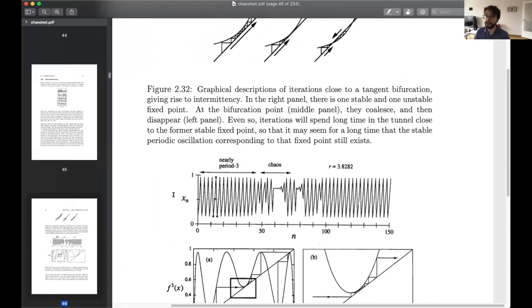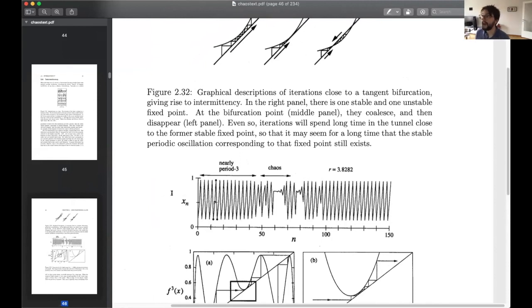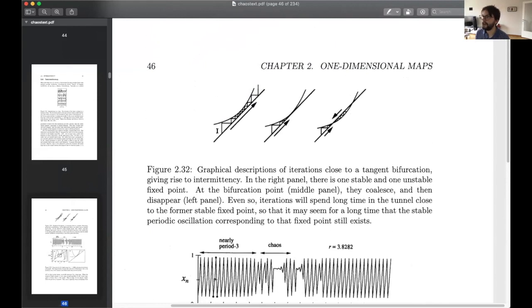for many applications. So this happens because basically what happens is that your graph gets closer and closer to the bisection line. So this is the line, and when this is touching the line, then you have a fixed point.